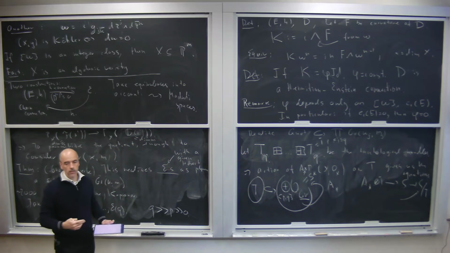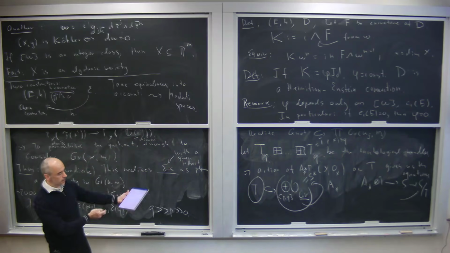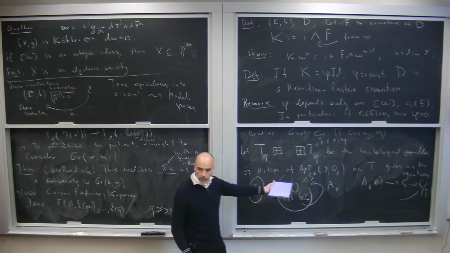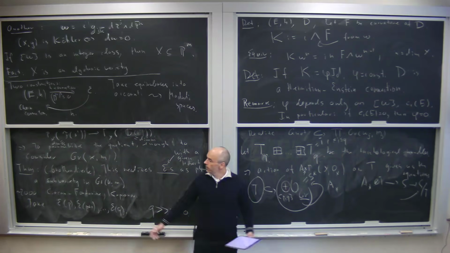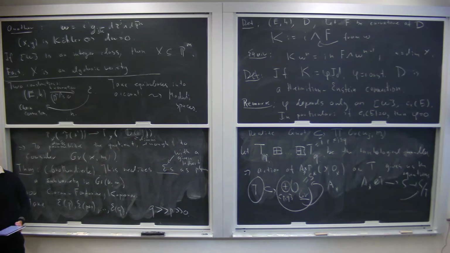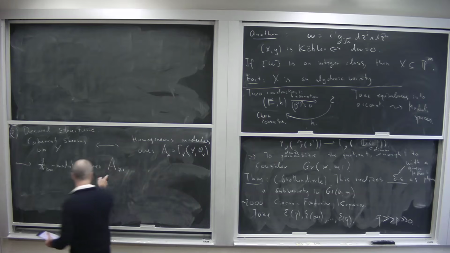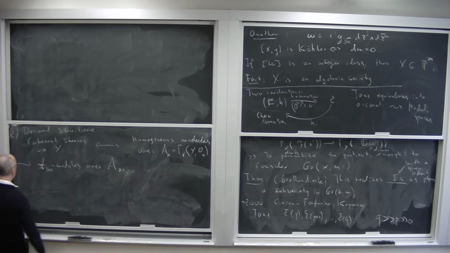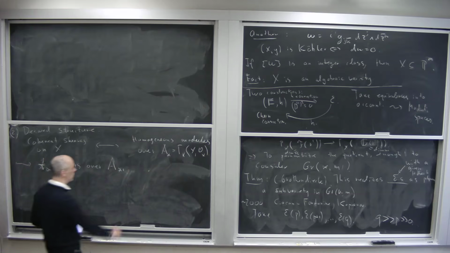But then T is not necessarily a submodule. If it is a submodule, then we found a point inside the Quot scheme. If we found a point, then we can start looking at the infinity structure, and then that gives us a derived structure. And again, that was the idea of Ciocan-Fontanine and Kapranov.